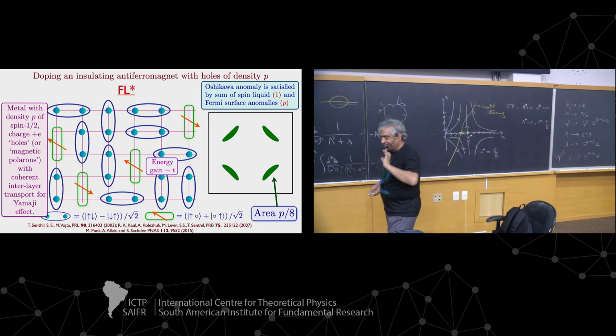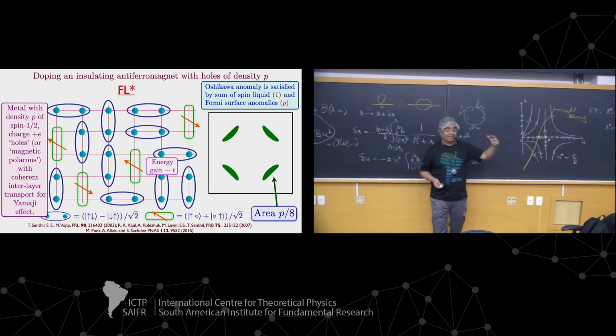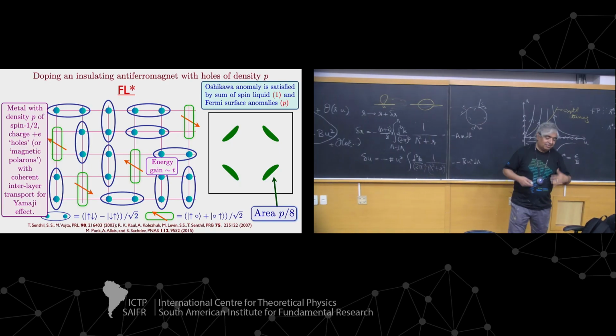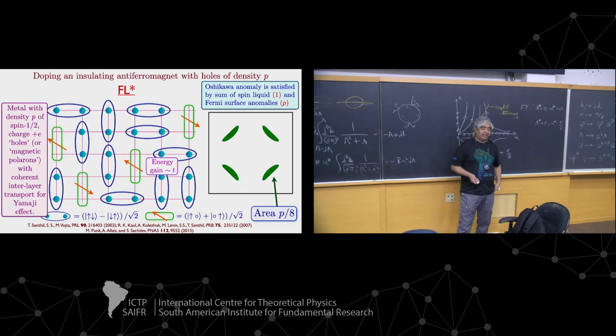So since T is bigger than J, always, this will happen. So in fact, the actual objects which carry charge are these green objects. And this green dimer is this bound state of a holon and a spinon. And that's, in other words, an electron. It has spin a half and charge E.